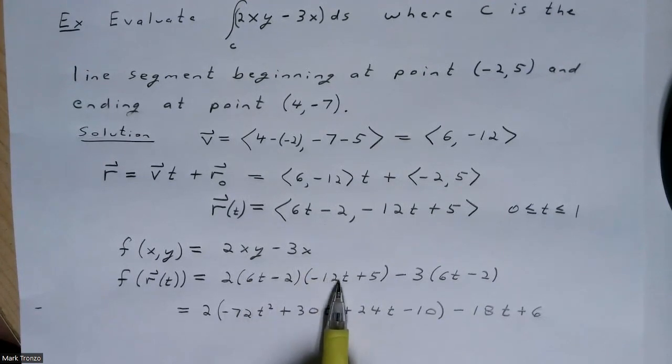And I got 6 times minus 12 is minus 72, and 6t times 5 is 30t. 2 times minus 12 is 24t. 2 times 5 is minus 10. Then multiply these out, minus 18t plus 6, like this.